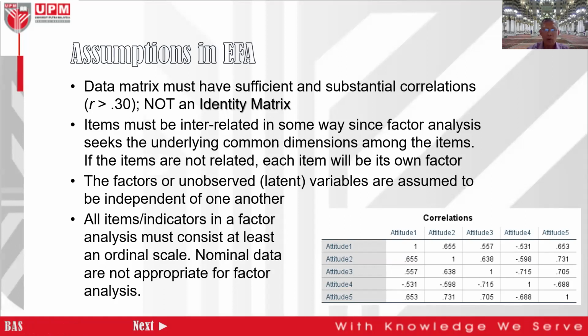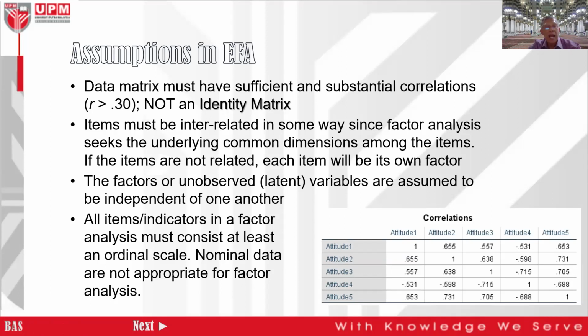That type of matrix is called an identity matrix. An identity matrix is not good, but we are lucky in the sense that when we run EFA in SPSS, we have one specific statistic that we can use to test that our matrix is not an identity matrix, which I have already discussed earlier. Okay, that will be the first assumption.